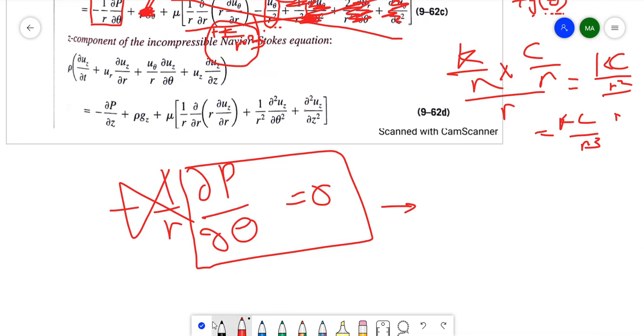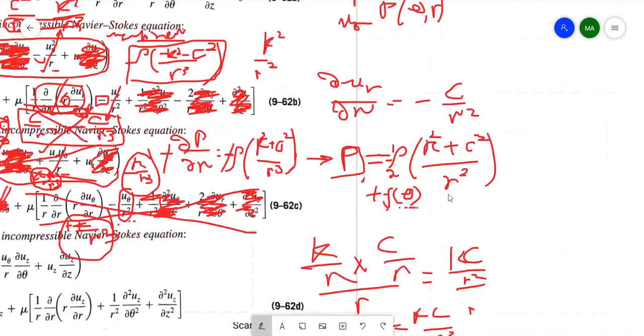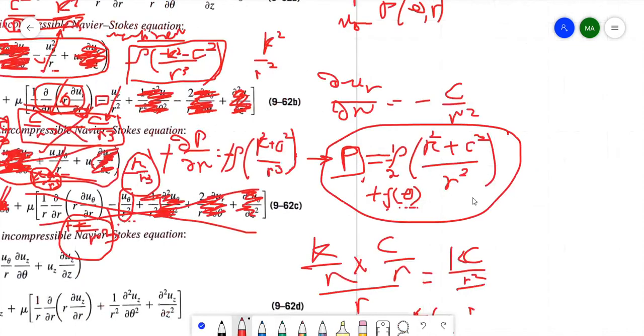And if I derive the pressure relationship that I got before with respect to theta, to make the equality, so this is the pressure relationship that we got from before. Derive it with respect to theta to get this constant. So if you derive it with respect to theta, this term will be gone, and you'll end up with f prime of theta.